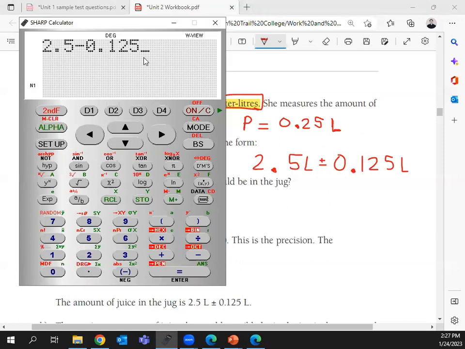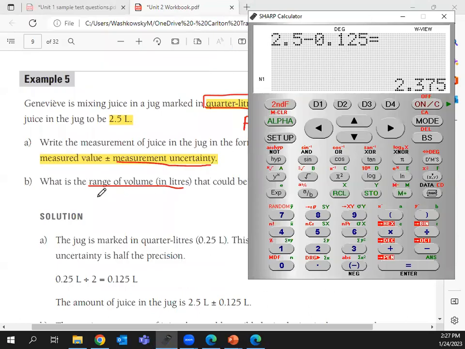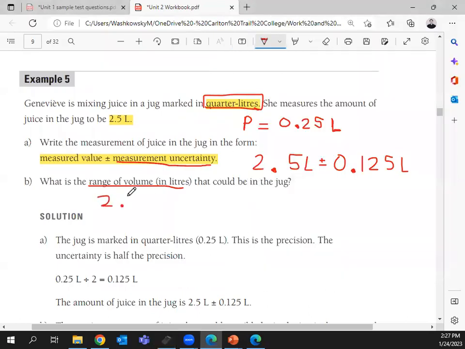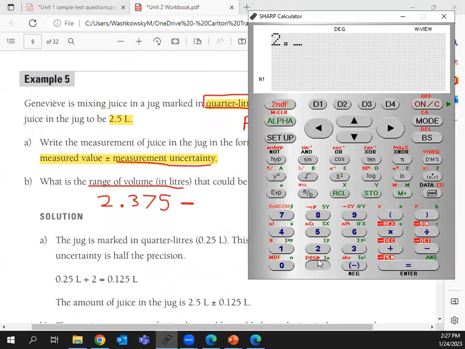So it's 2.5 minus this, you should get 2.375. So I know the range of this jug is it needs to be between 2.375. That's the least amount that could be in it. Or it could go up to, I take my 2.5, I add on that 0.125.